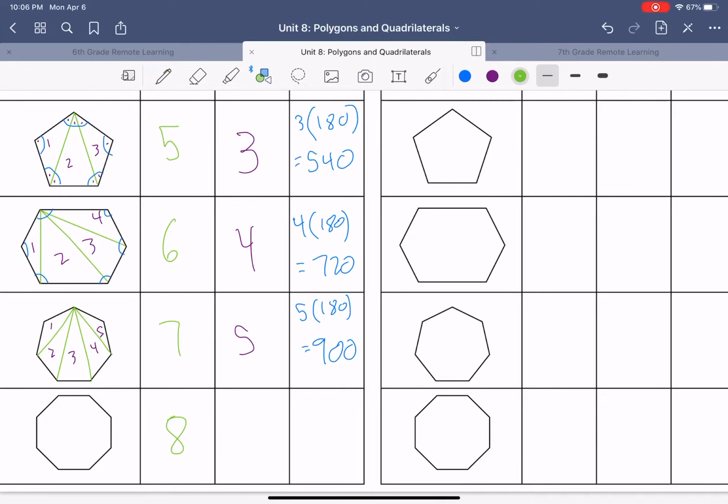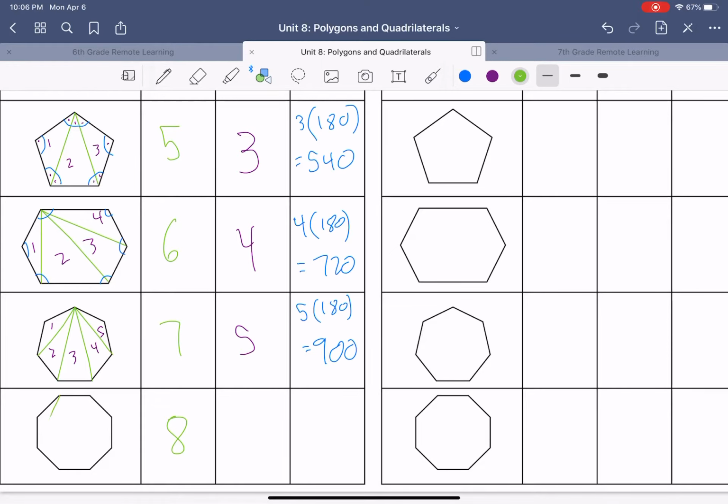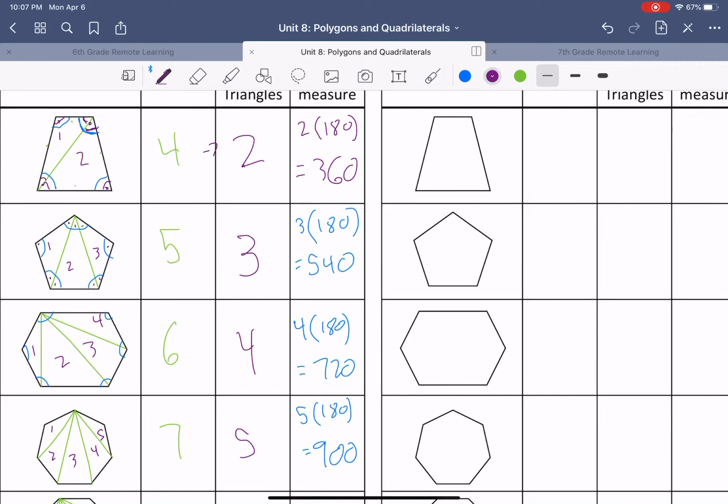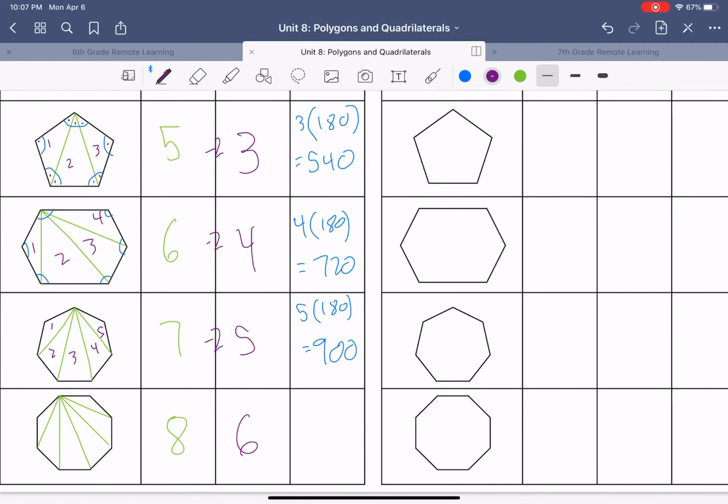And then for my octagon, these ones are harder to draw. Hopefully you can see the pattern. So even without counting, we know this is going to be 6 triangles, because each of these numbers is subtracting 2. So the number of triangles is 2 less than the number of sides in the polygon.